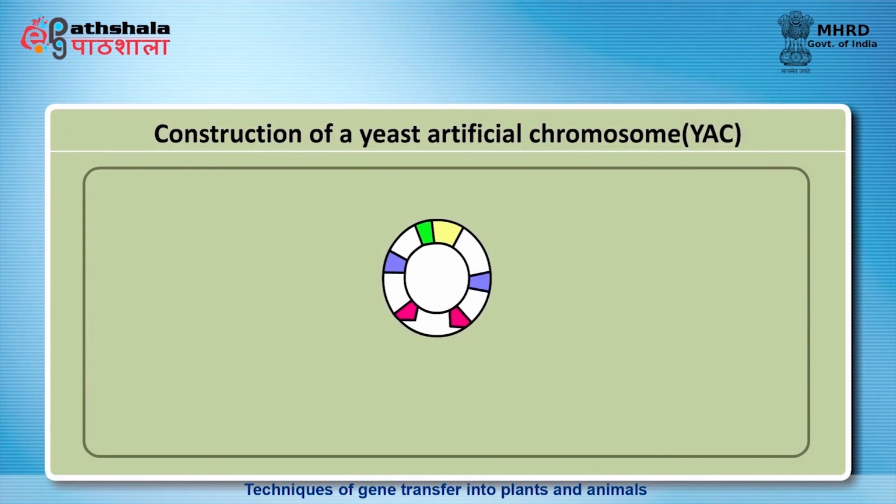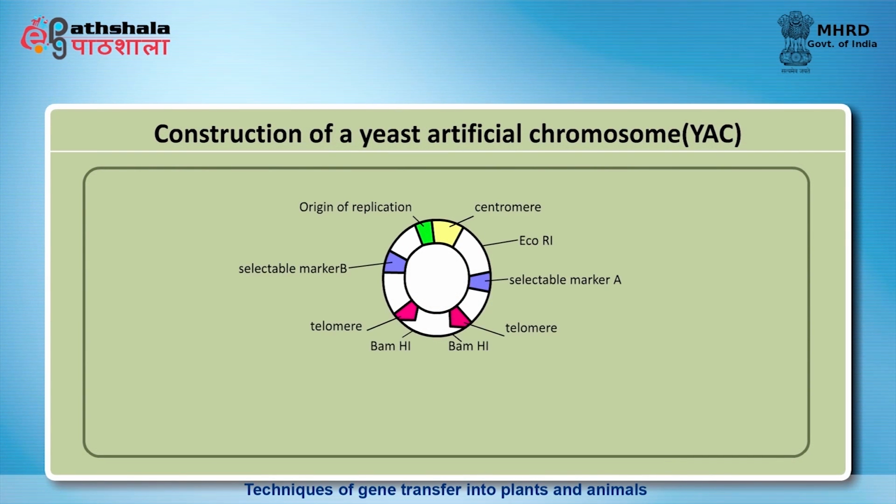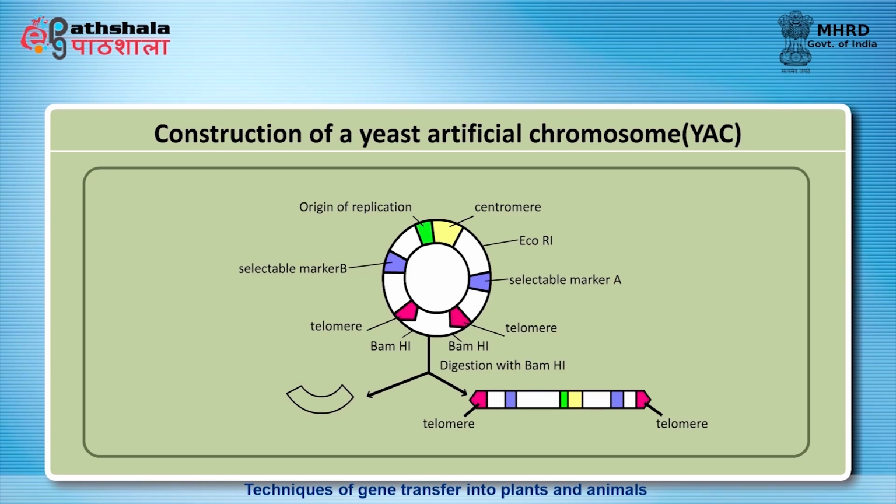The construction of YACs involves several steps. First, a circular bacterial plasmid DNA is cut open with a restriction endonuclease, resulting in a linear fragment. This linear DNA is then provided mitotic stability by inserting a centromeric DNA sequence. An origin of replication is then added to enable the plasmid to replicate extrachromosomally.